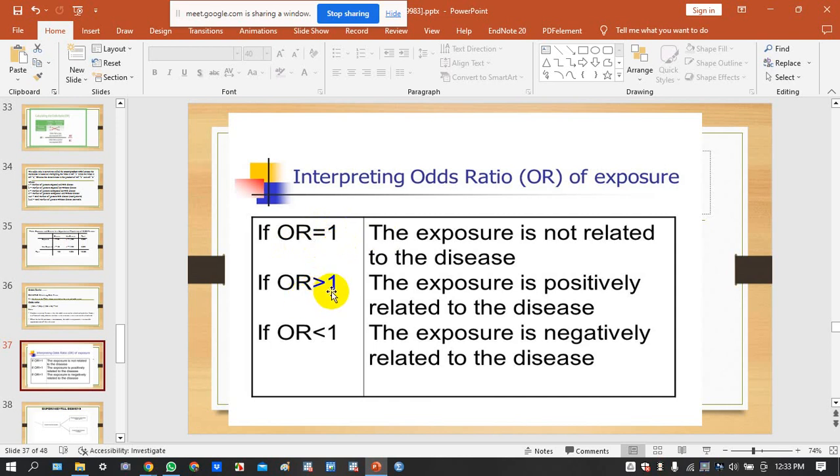So 1 is always determined as the reference or the standard. If the odds ratio is greater than 1, it means that if you don't have sex, you are going to get prostate cancer. So we are going to advise you that not having sex or multiple sex is not good, because you have to empty your prostate.